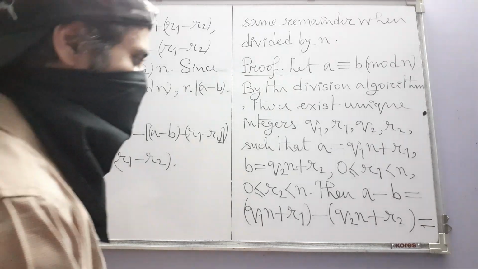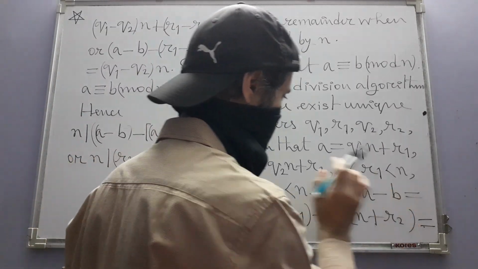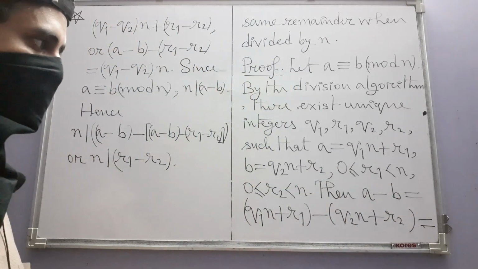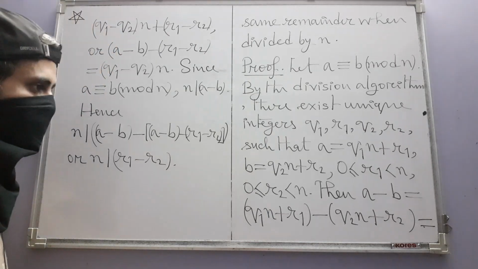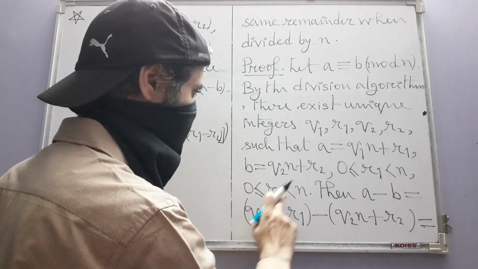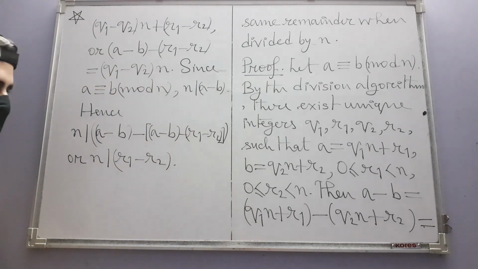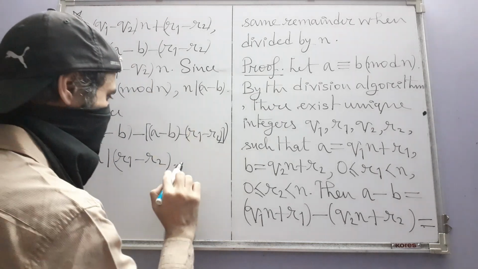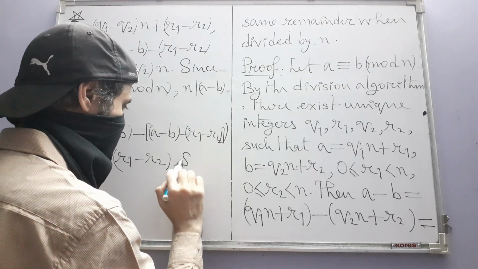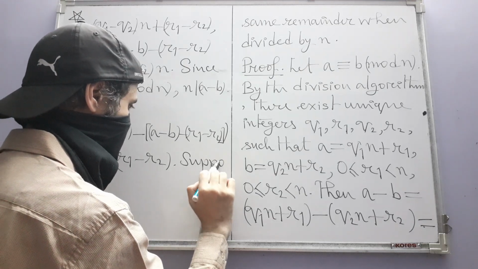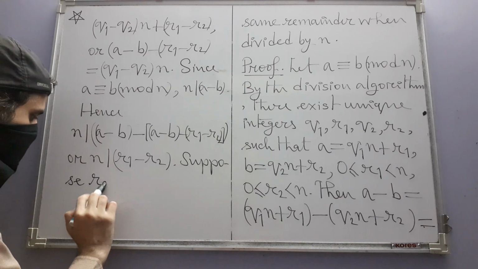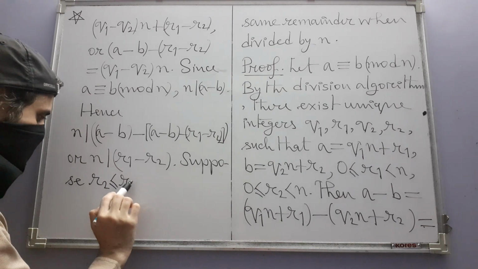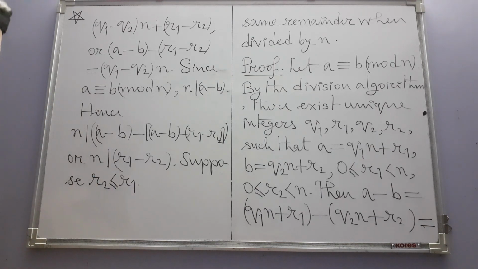Now, before considering A minus B, we could have made one assumption without losing generality, namely that R2 is less than or equal to R1. We can make it now also. Suppose R2 is less than or equal to R1.